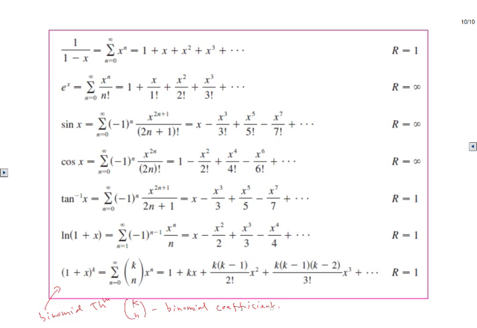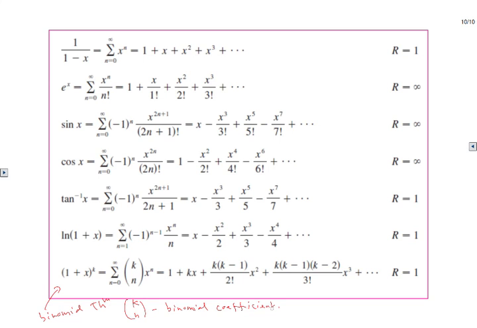Binomial coefficient. This is something that you learn in discrete mathematics. So the first few binomial coefficients are given here. So yeah, these are kind of good ones to remember if you can.